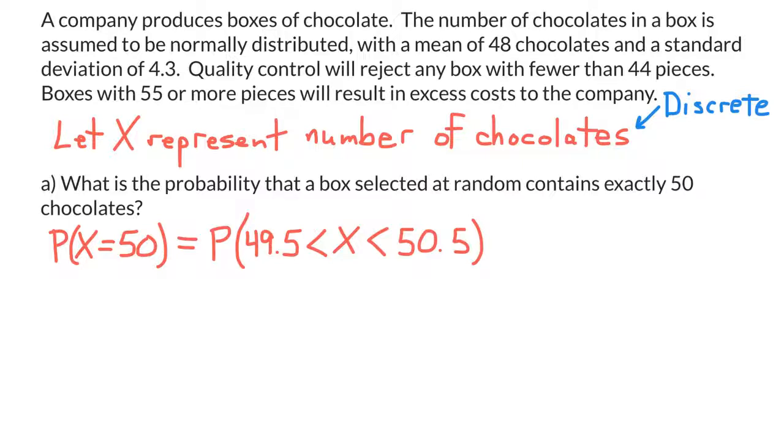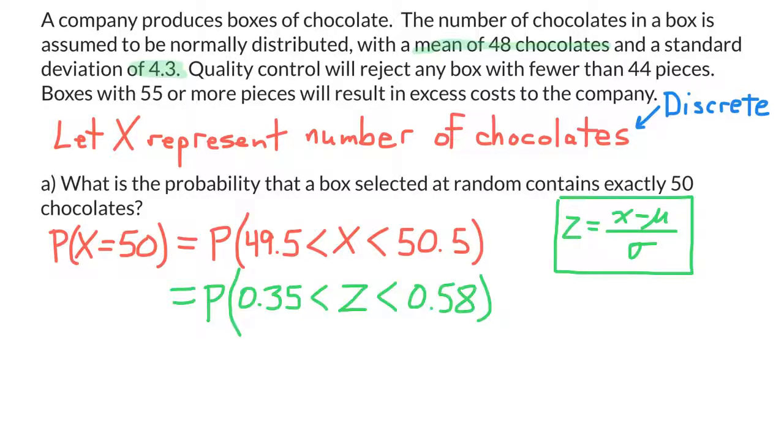And now we need to convert that into z-scores. We know that the mean is 48 chocolates and the standard deviation is 4.3. Recall that to calculate the z-score, you take the value minus the mean and divide by the standard deviation.